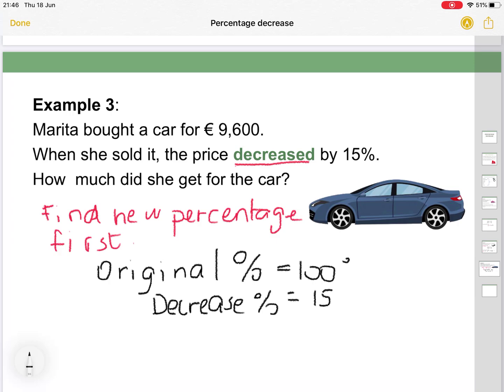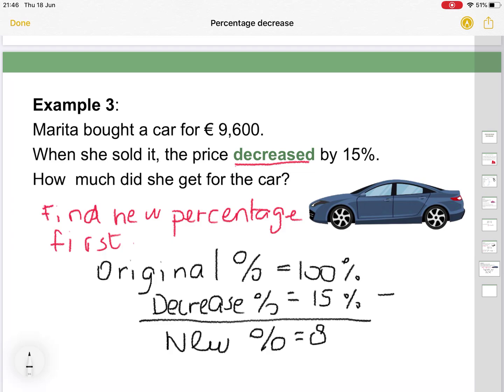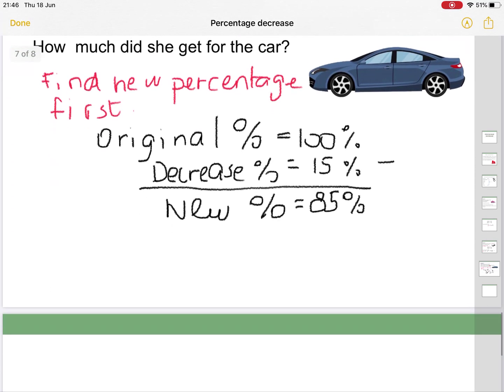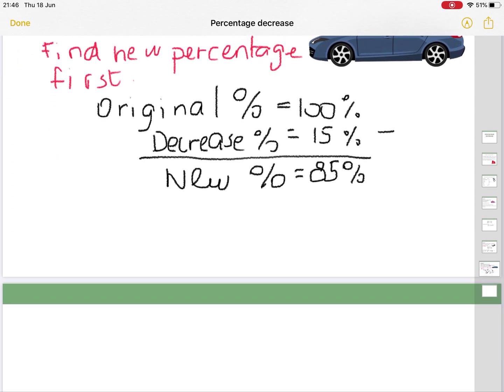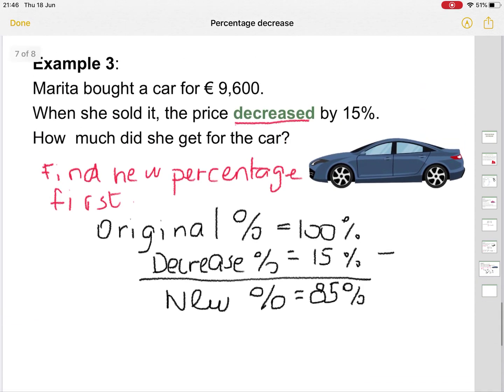Since it is a decrease, we have to subtract, so the new percentage is 100 minus 15, which is 85%. So the car now costs 85% of the original price, and the original price is 9,600 euro.